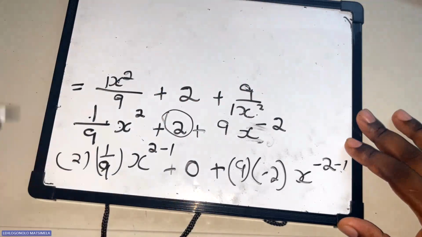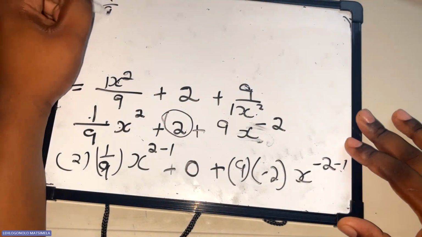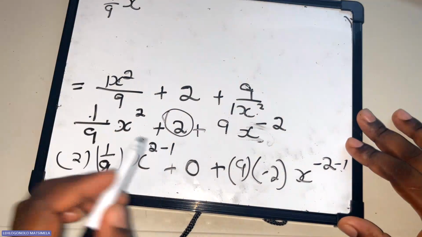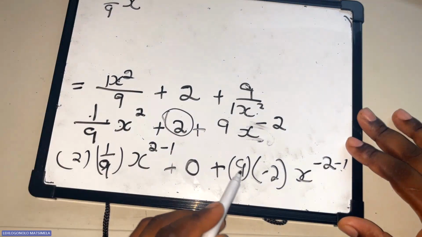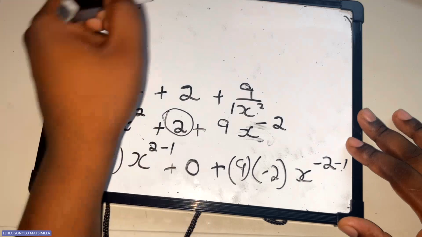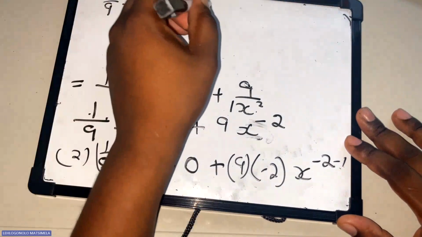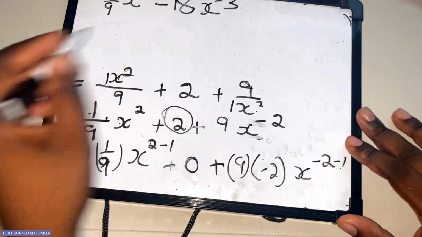I'll transfer this part up here. Then 2 times 1 over 9 becomes 2 over 9. Then x as x, then 2 minus 1 as an exponent is 1. Then 0, I leave it. So minus 2 multiplied by 9 is minus 18. And then x as x, the exponent of negative 2 minus 1 is negative 3.